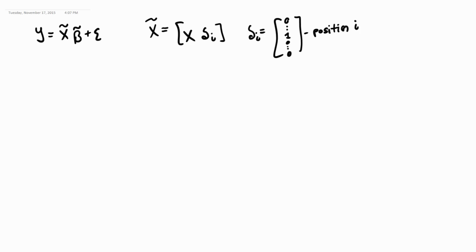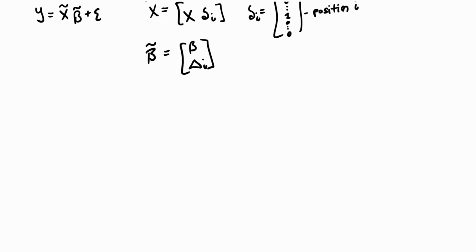And then my beta tilde vector is my normal vector beta that I almost always have, and then a parameter delta_i, just to indicate that's delta, the parameter just devoted to the ith data point.